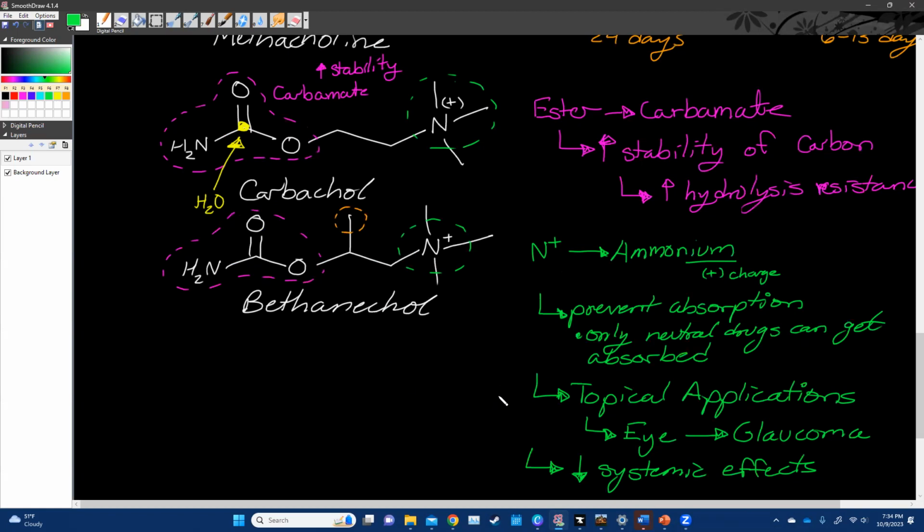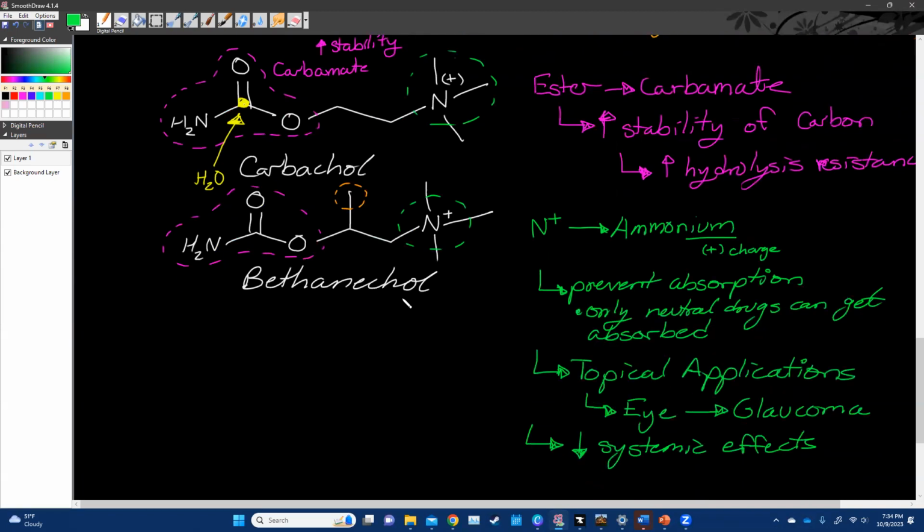So on the exam, is it important for you to memorize just, oh, what's the structure of bethanechol? Not really. It's more important for you to be able to say, okay, I have N plus. I know that N plus is going to prevent absorption no matter what drug it's in.